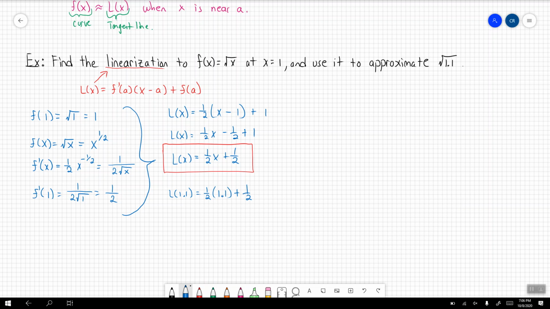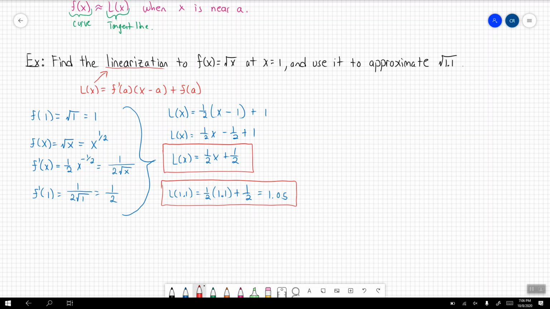And in this instance, all we want to do is make our substitutions. We're going to get something real nice here. We're going to get 1.05. And this is that approximation that we're using for the square root of 1.1.